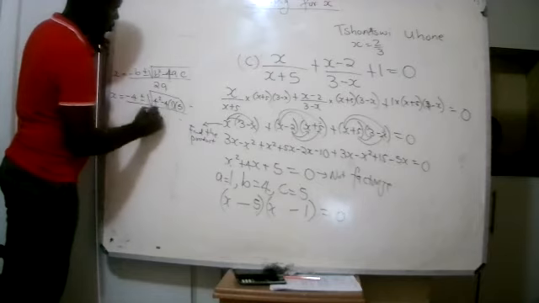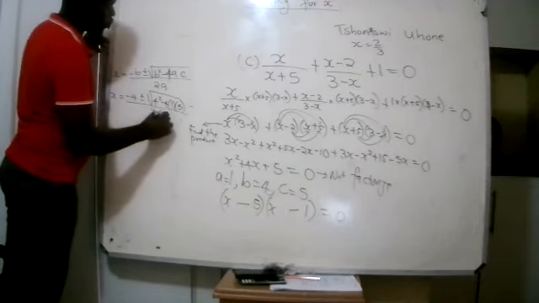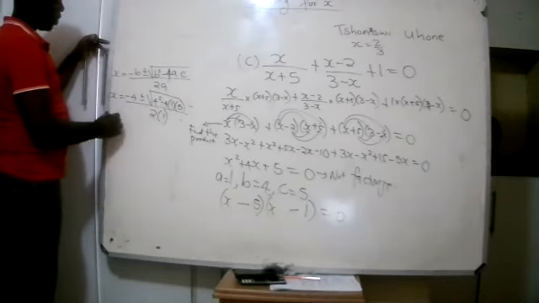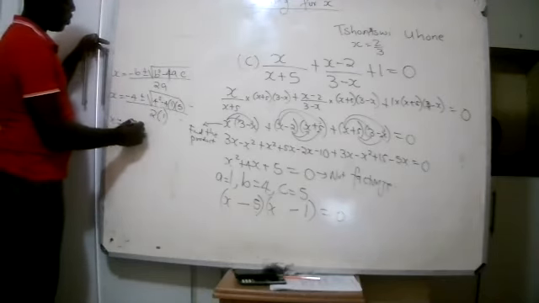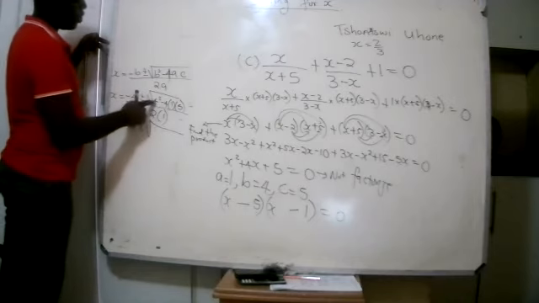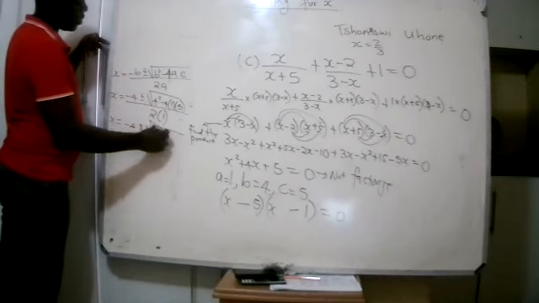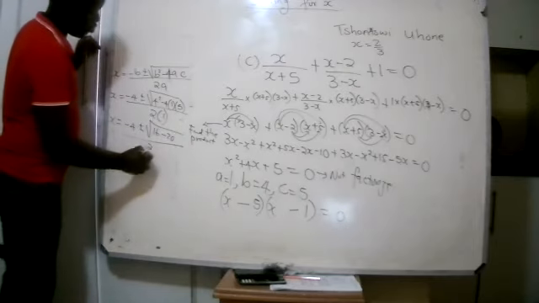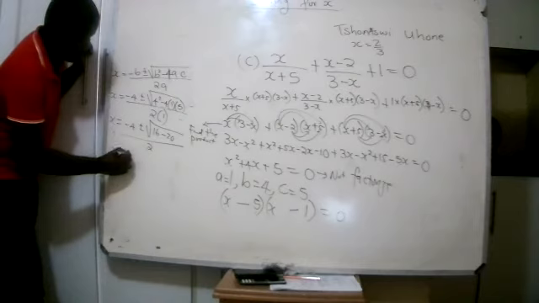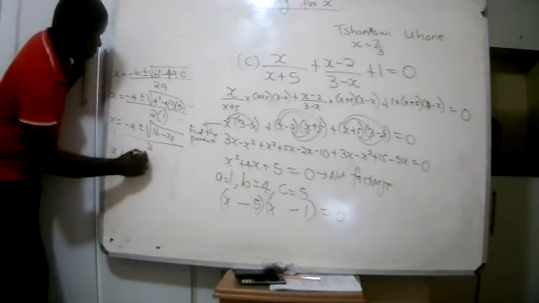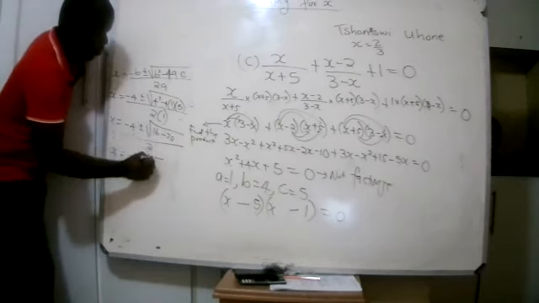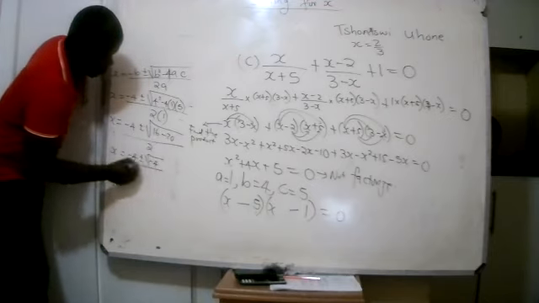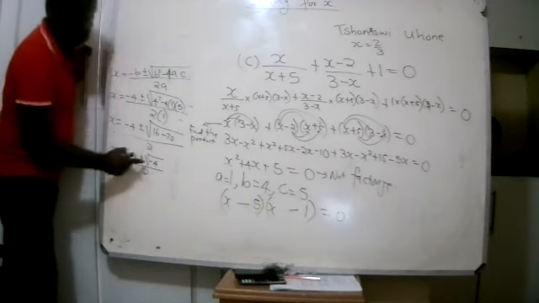All this we divide by 2 times 1. So negative 4 plus or minus the root of 4 squared, which is 16, minus 4 times 5, which is 20. Then I divide by 2. So x equals negative 4 plus or minus the root of 16 minus 20, which is negative 4, and all this we divide by 2.